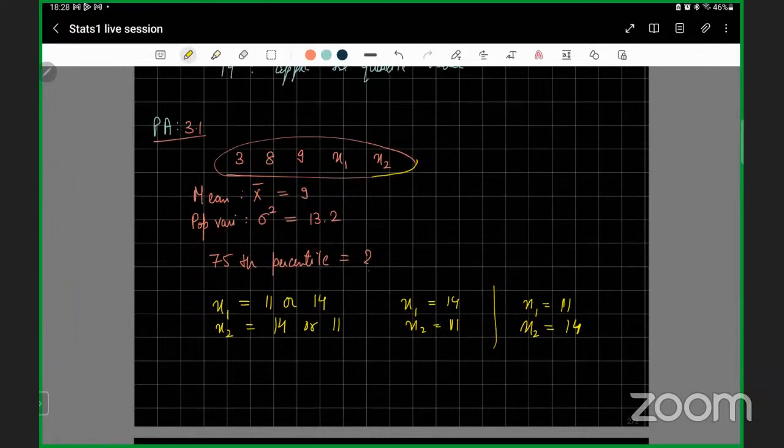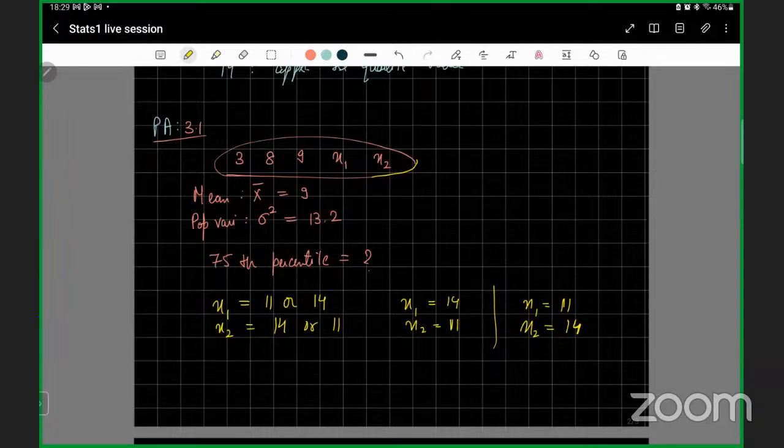All right. So how do you find the value of x1, x2? Can you think about it? How can you find it? First of all, we have the mean. The mean is equal to 9, and we know that the mean is equal to the sum of observations divided by the total number of observations.